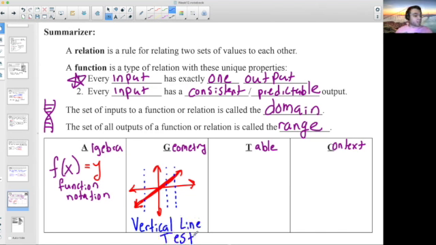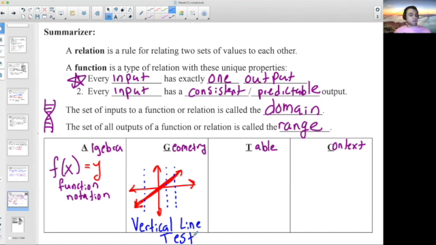What the vertical line test tells us is that every straight up and down line that we run along the function will always touch the graph at exactly one place. And if it does, it's a function, because the up and down line tells you how many outputs a particular input has. So if you always have one point of intersection, you're always going to have one output for every input. That's an important thing that is worth mentioning.